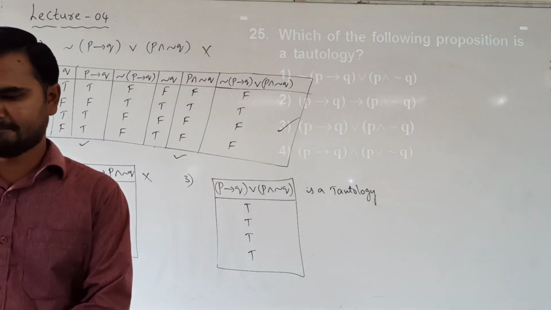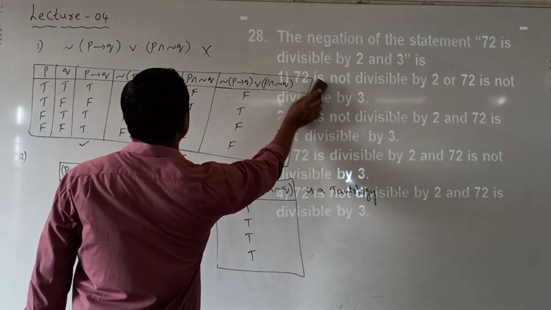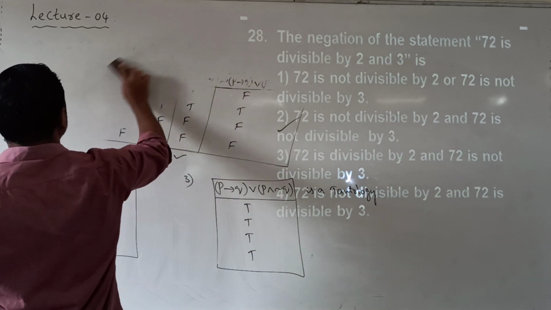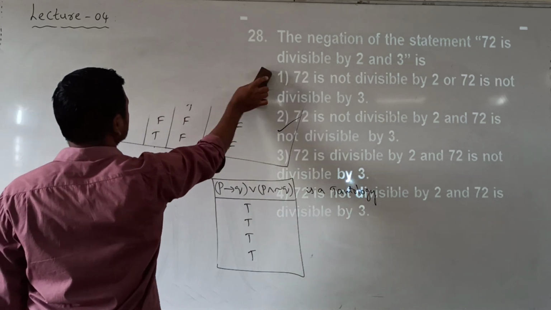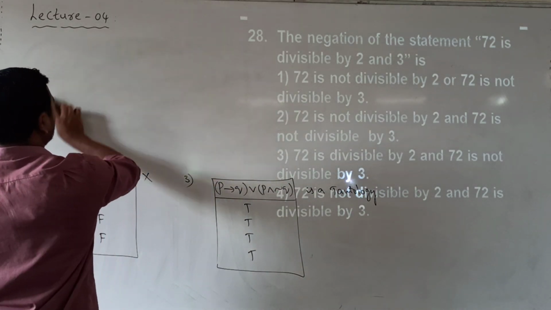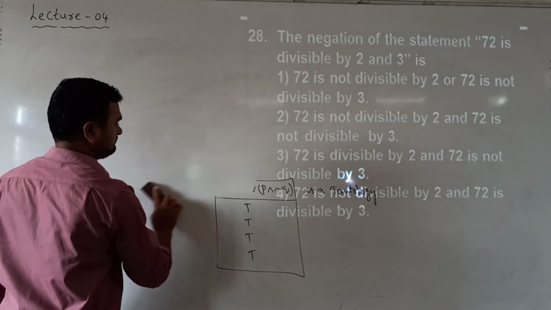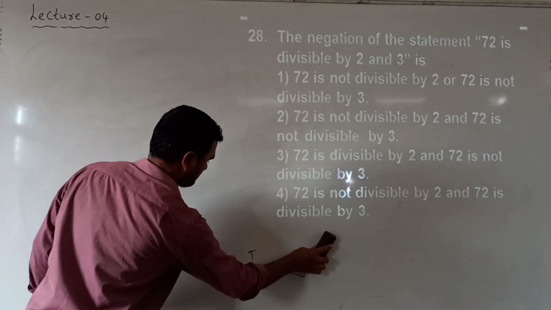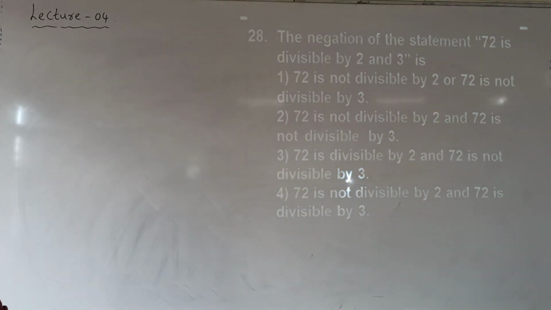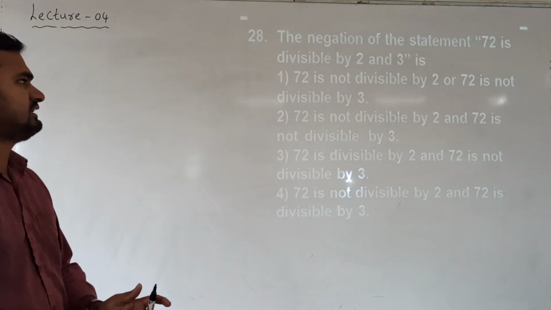Now see the next question. The negation of statement 72 is divisible by 2 and 3 is.